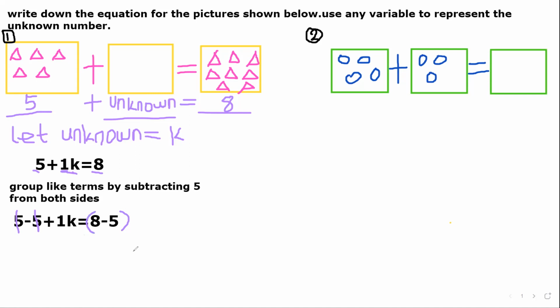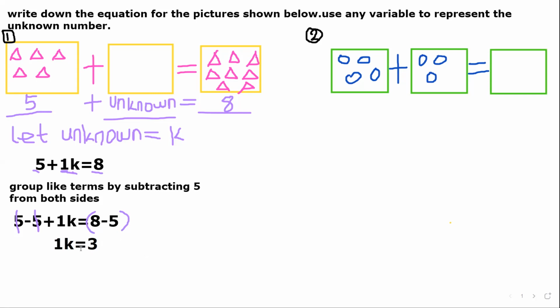Good. Now, the next one is 1K. So when you subtract the 5 from 8, the answer is 3 here.